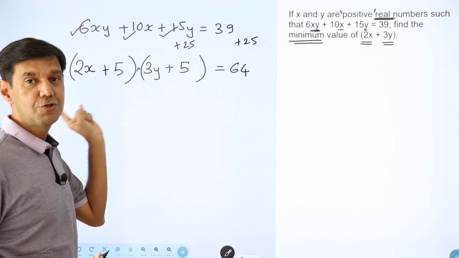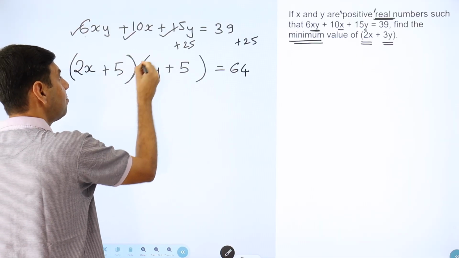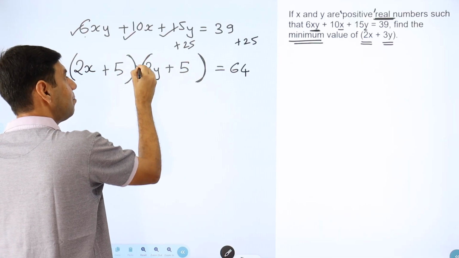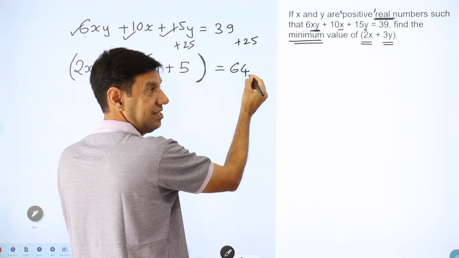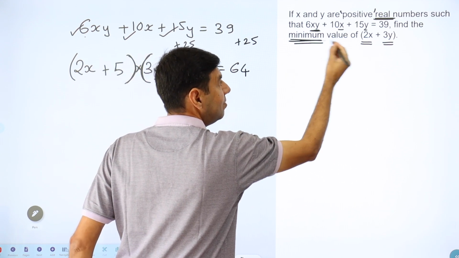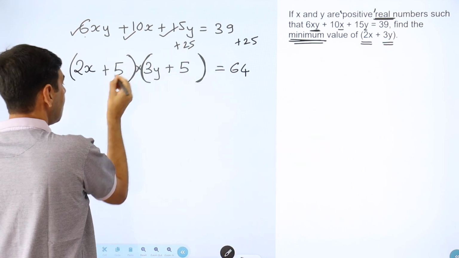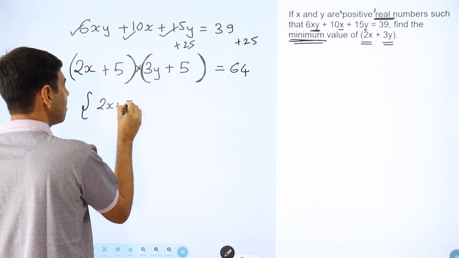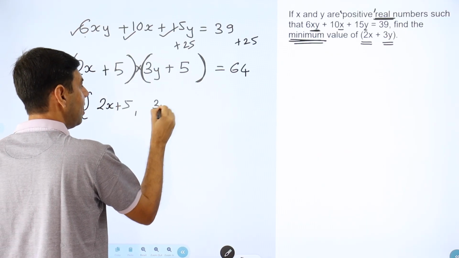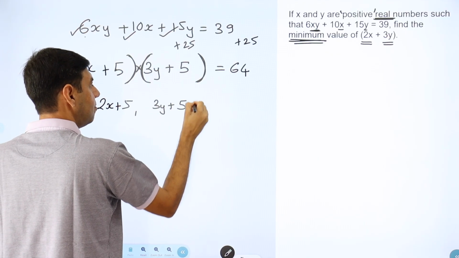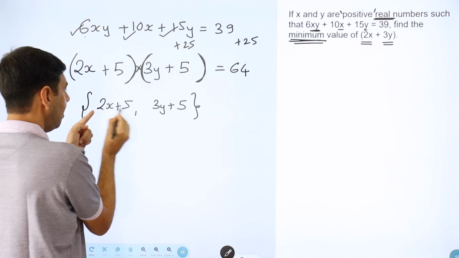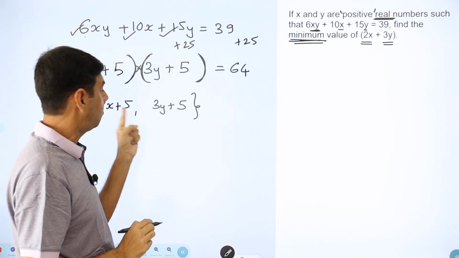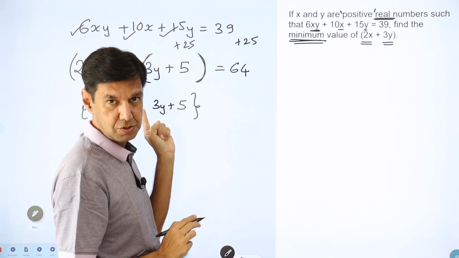So the idea that you should have got from here is, this is a product. This is a product which is a constant, and I need to find the minimum value of some sum. So I'm going to compare the AM and GM of 2x plus 5 and 3y plus 5. Now remember, if x and y are positive numbers, 2x plus 5 is also positive, 3y plus 5 is also positive.